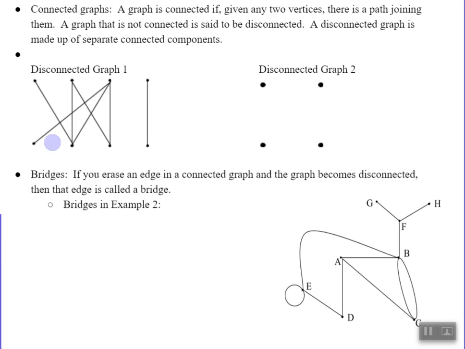So here in this first example, because there is no path from this vertex to this vertex, the graph is disconnected. We would say that this portion is component 1 because that whole chunk is connected. And this part of the graph is component 2.